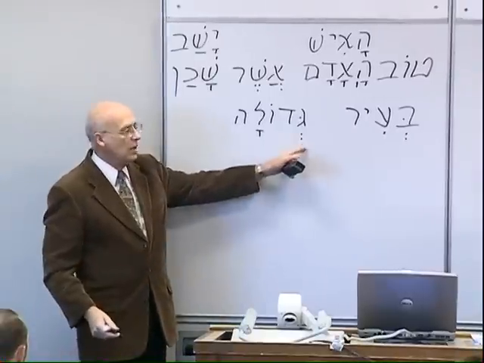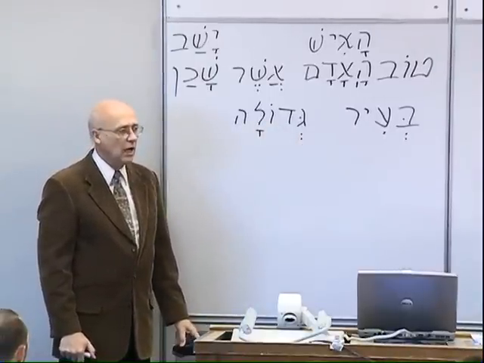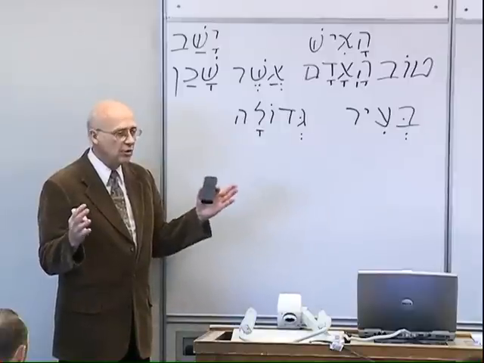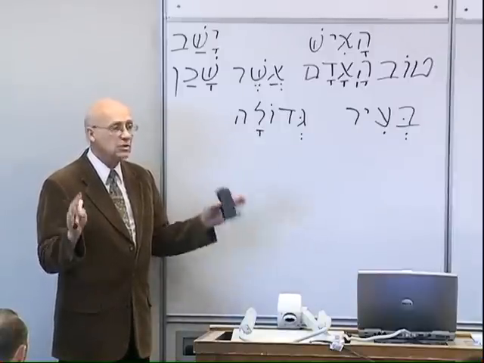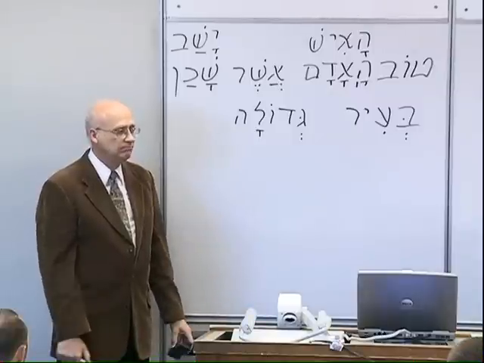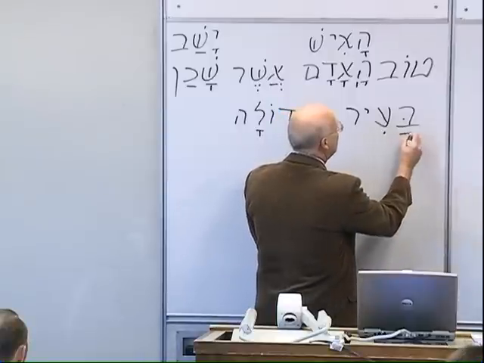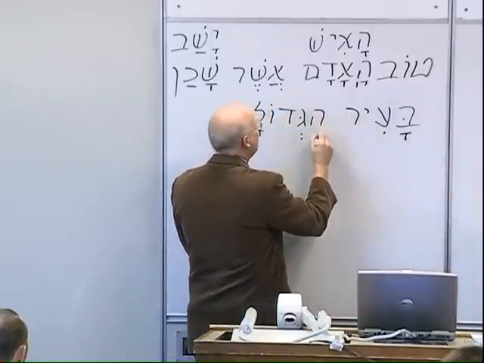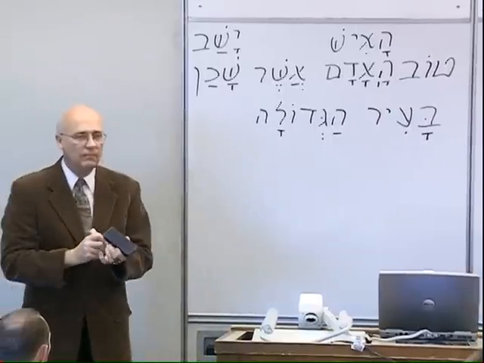A vocal schwa to begin it. Gedolah. Remember, you shorten that third syllable back as short as possible. And this is the shortest possible. But since we have an article here, we have to have a dagesh here. Does that help, Kyle? Yeah.